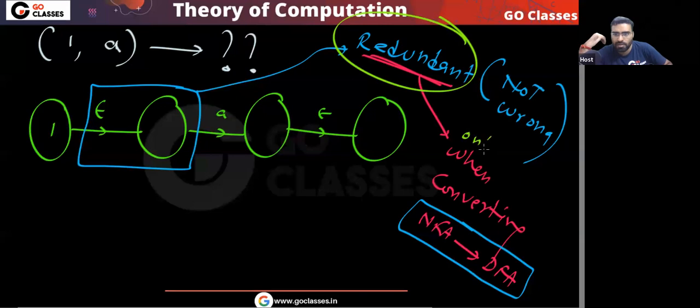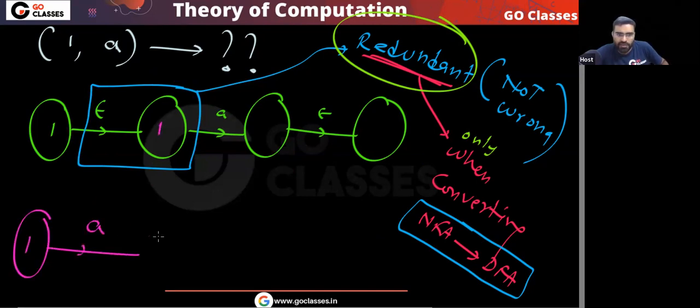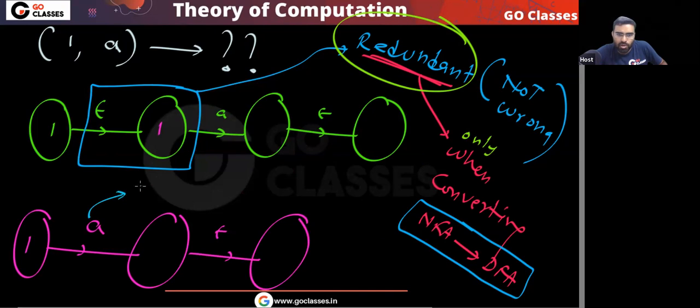In that situation it is redundant, because anyway you will get the same result. So you can directly do this: on A where you will go, and then the epsilon closure. Here you will only see the edges.